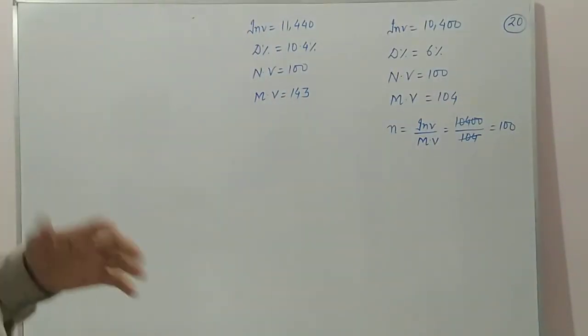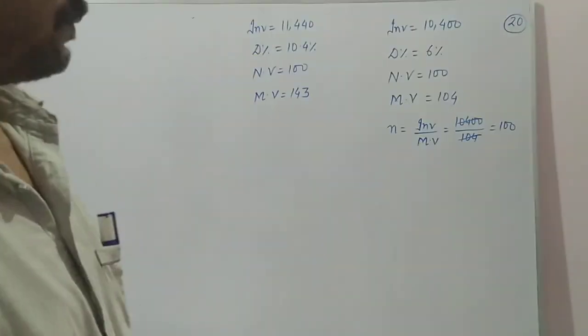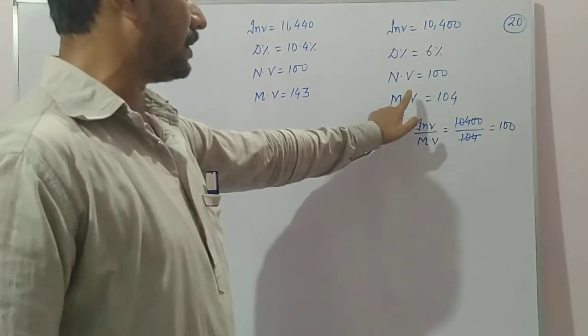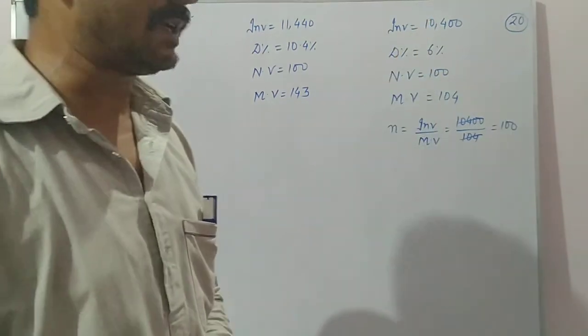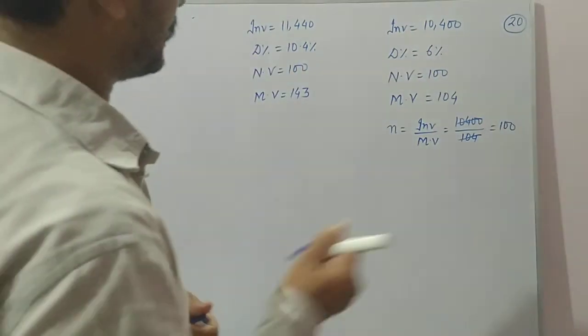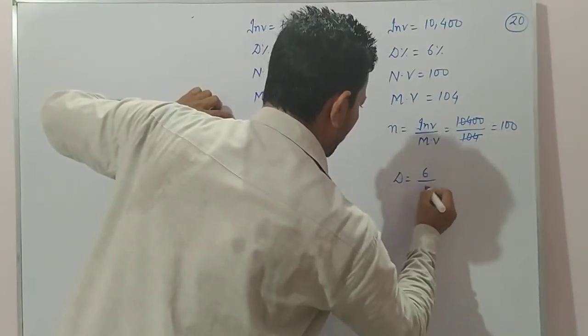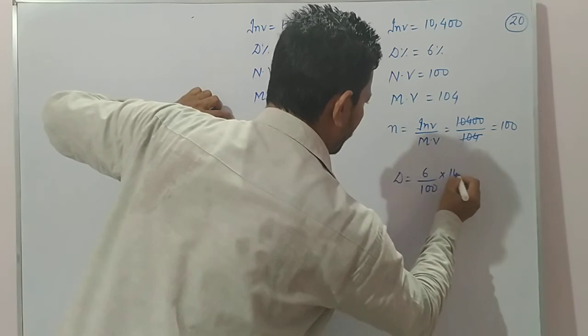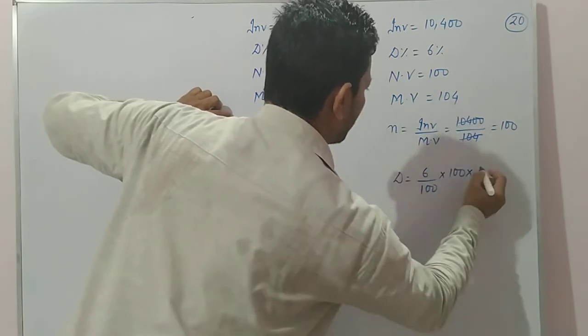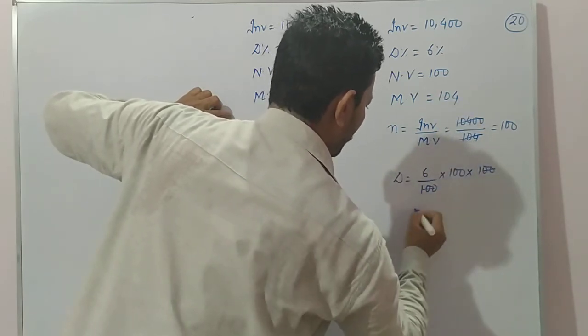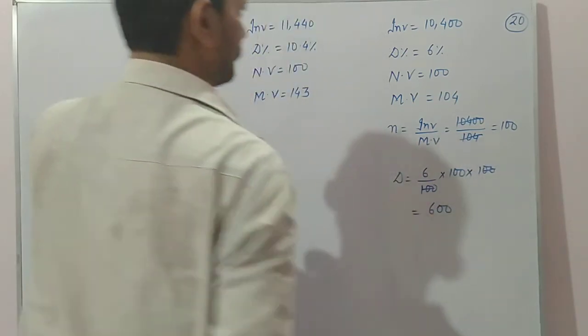For the first part, a man invested 10,400 in 6% shares at 104. Dividend percent is 6%, nominal value 100, market value 104. We determine the number of shares, then the dividend, that is dividend percent by 100 into number of shares into nominal value, which is 600.